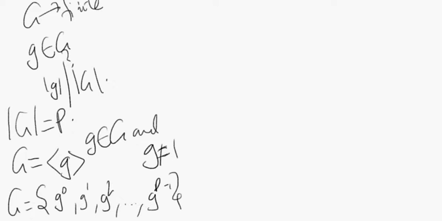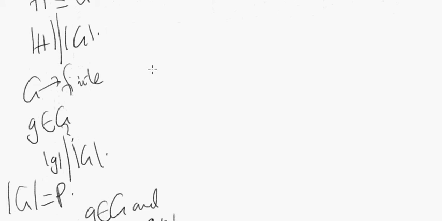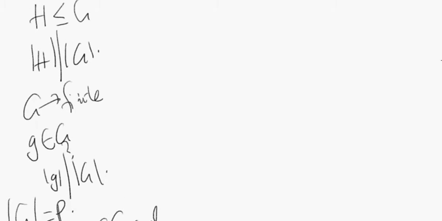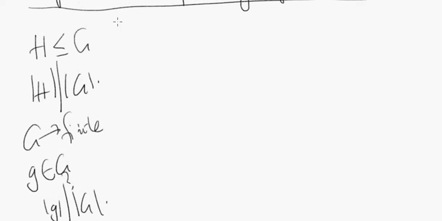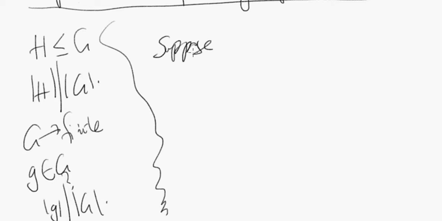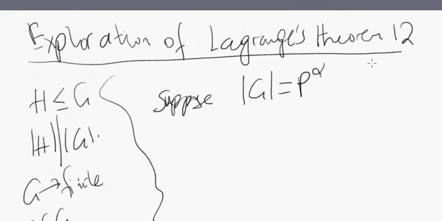Now, in the previous video, we were exploring something a little different. We were exploring the idea that, suppose we have some group and the order of G is some prime power, p to the alpha, where p is prime and alpha is at least 1.